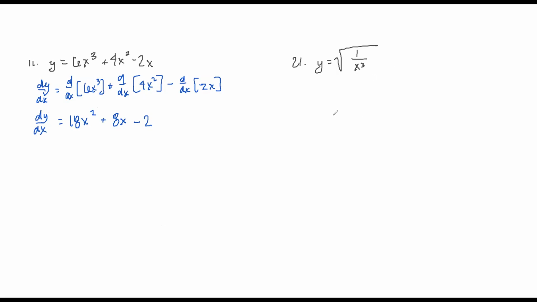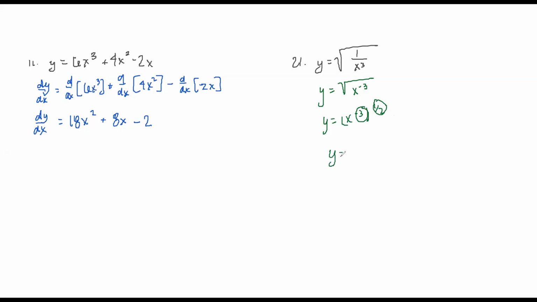Finally, over here, we just have a little bit more simplification to do. We say that this is going to be equal to root x to the negative 3. And this is going to be x to the negative 3, and that's to the half. And our rules of exponents say that if you have the exponent of an exponent, you can multiply them together.